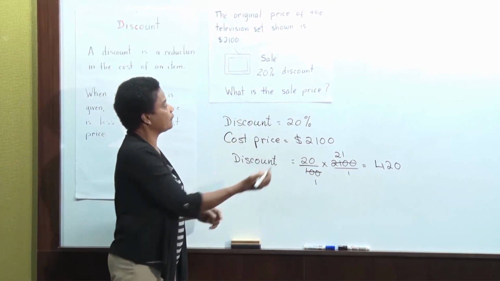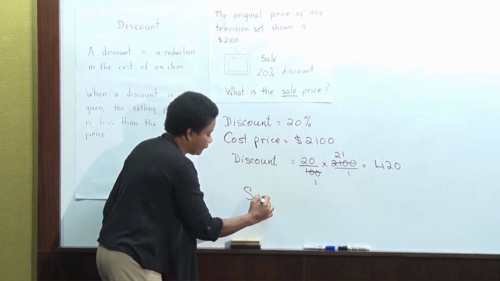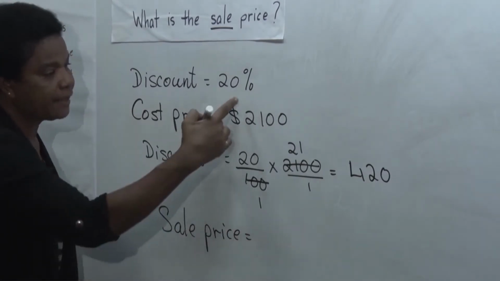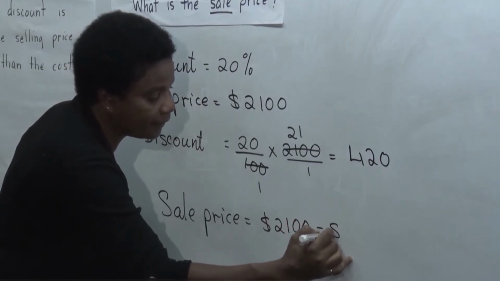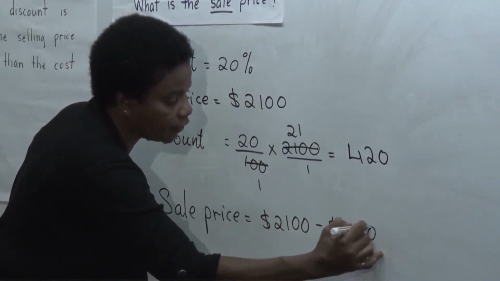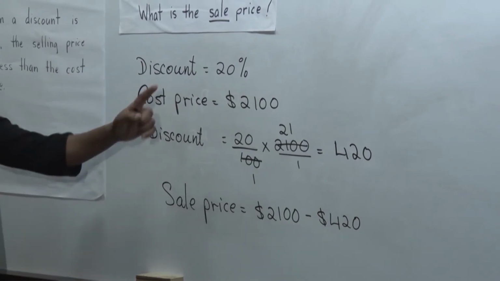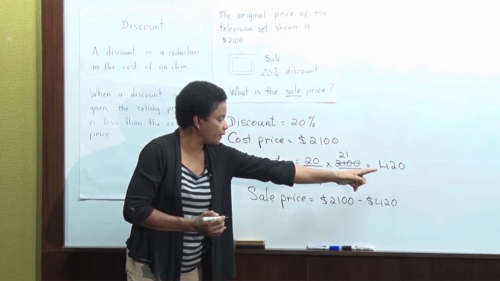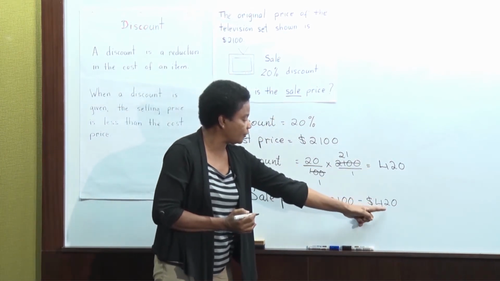The question asks for the sale price. So the sale price will be $2,100 minus the discount of $420. See if you're there with me. We worked out the discount, which is $420. So the price of the television will be $420 less.